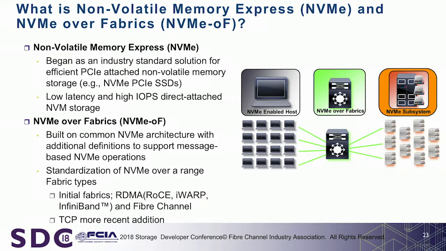The newer edition, now of course it's probably 2 years old, so it's not as new, is NVMe over Fabrics. The goal of that is to build that NVMe infrastructure out over a fabric. And the fabrics can be anything. There's a whole range of different fabrics. The initial fabrics were RDMA and Fibre Channel. And recently there's now a TCP binding as well.